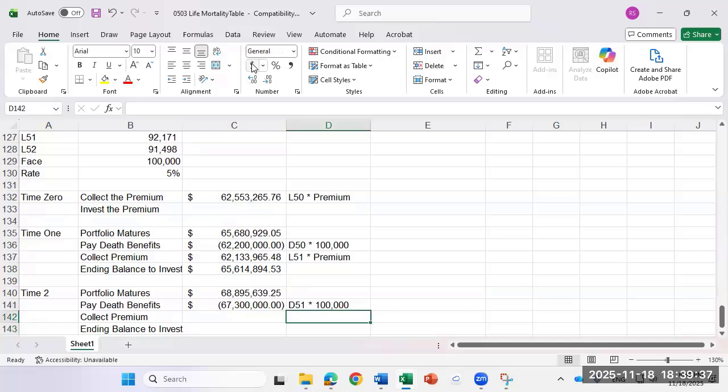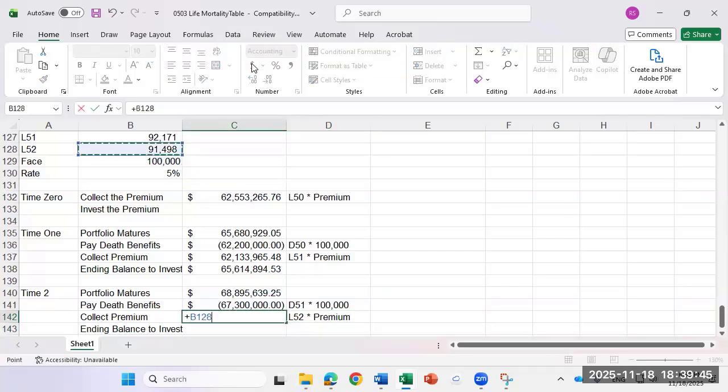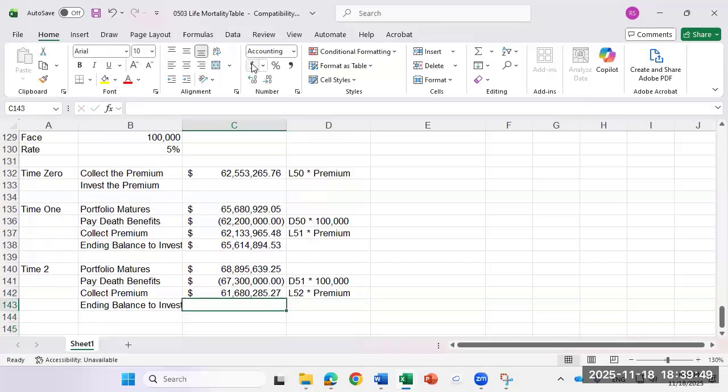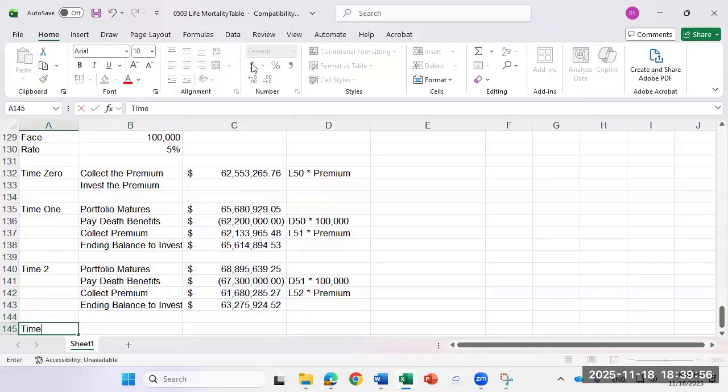And we're going to collect the premium. This is our last premium, L52 times the premium. And our ending balance, 63,000.